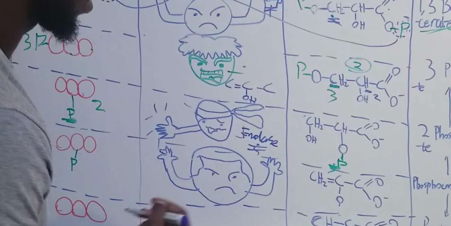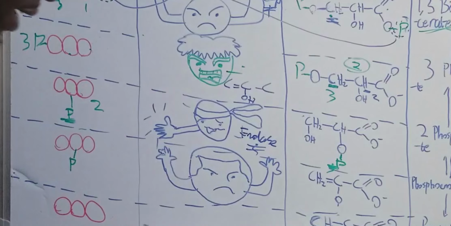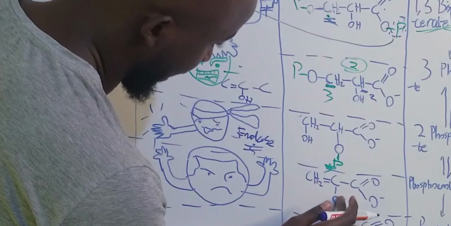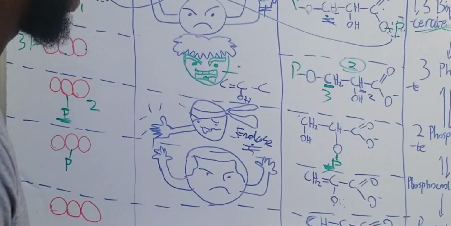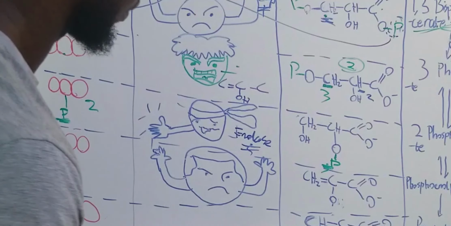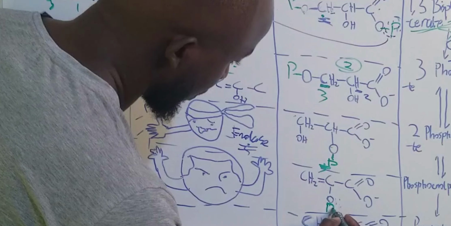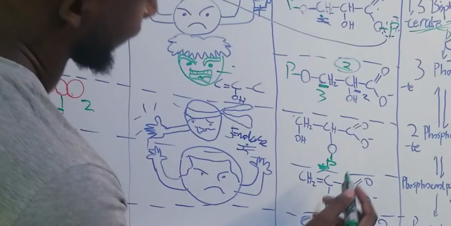This is an enol. But in this case, instead of having the OH here, we have instead the phosphate group.